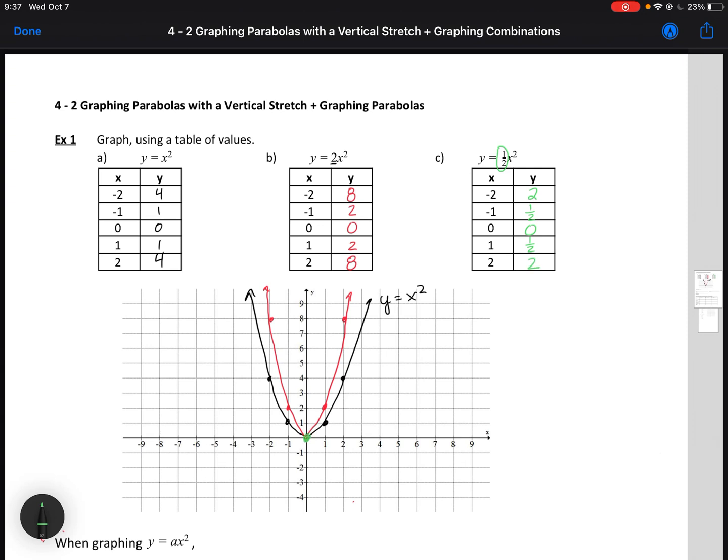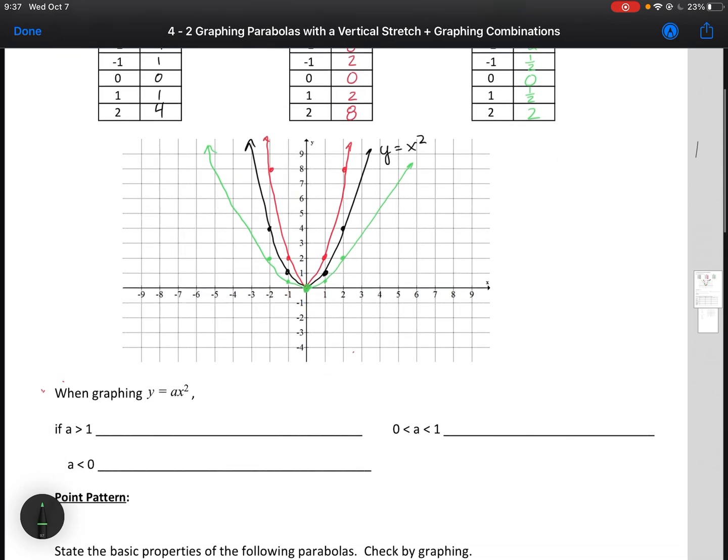So I've got vertex stays the same, -1 and 1/2, the -2 and 2, 1 and 1/2, and then 2 and 2. Now you notice now my coefficient in front is less than 1 and my parabola is flatter.